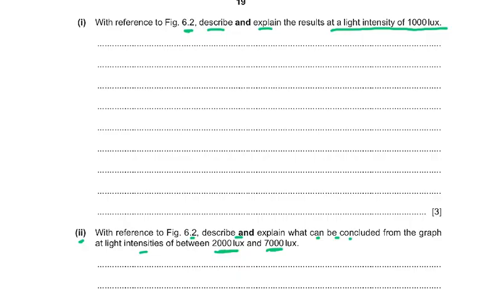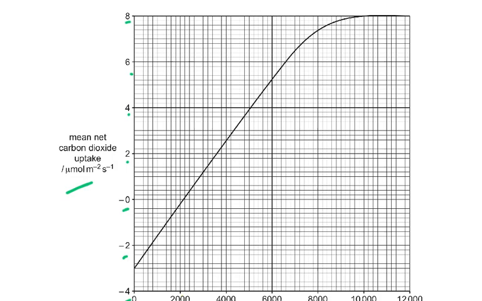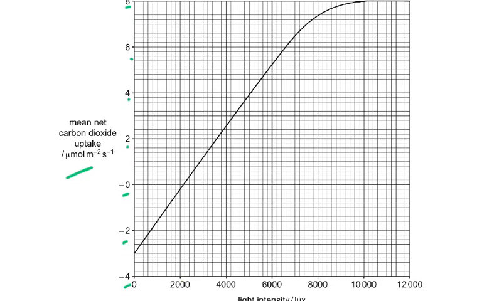So let's go back to the graph and let's look at it now very carefully. So we're going to be talking about number 1, 1,000 here, then 2,000, then I think we have 7,000, so that is going to come here, and then we're going to talk about 10,000. So look at all these, draw lines on the graph.